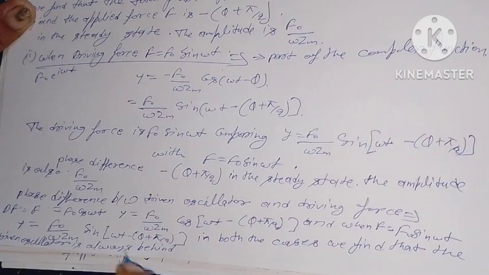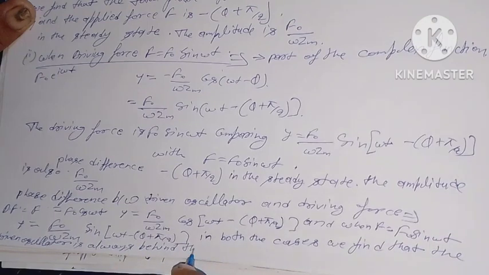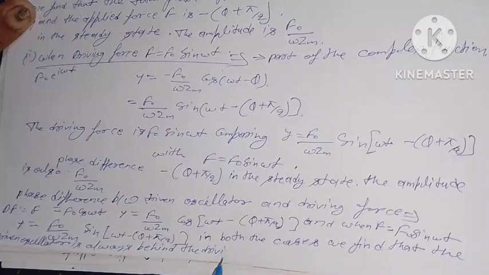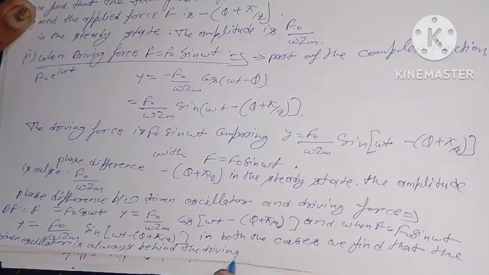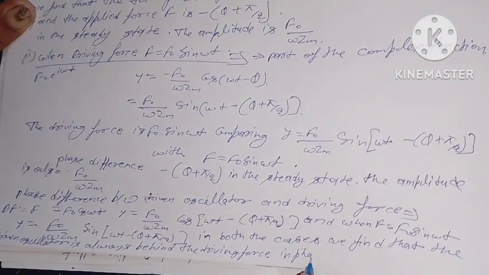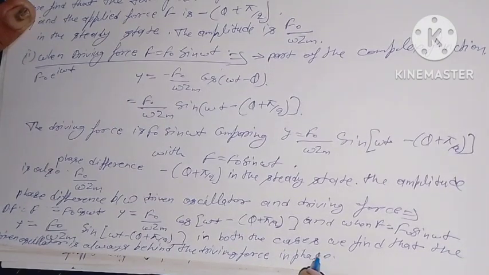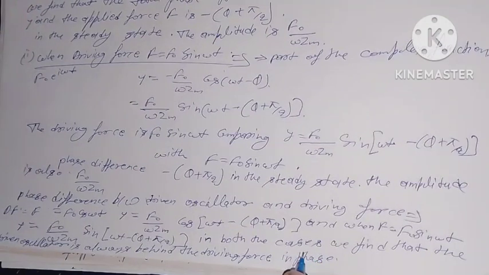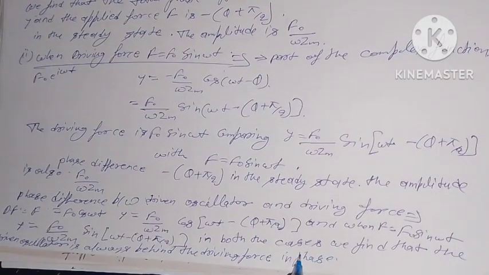The value of the difference in phase is minus phi plus pi by 2.